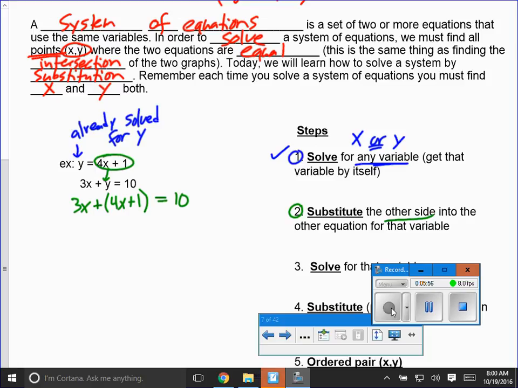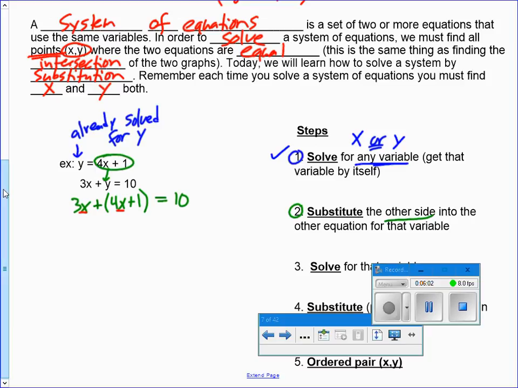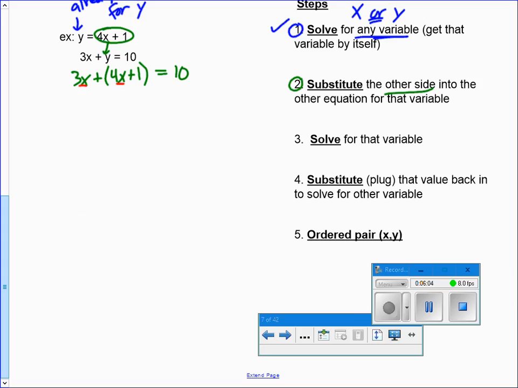Alright, so if we look now, the only variable in here is x. So this is just a regular linear equation now. So what I can do now is actually solve for that variable, so I can solve for x.